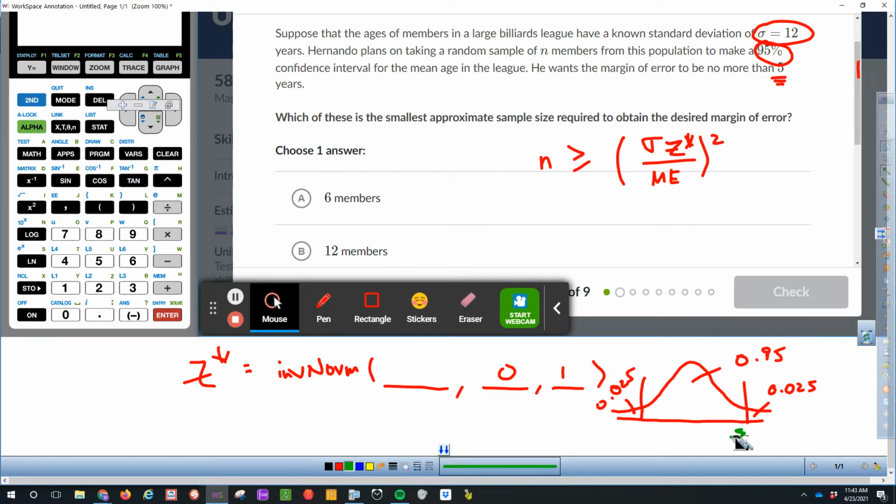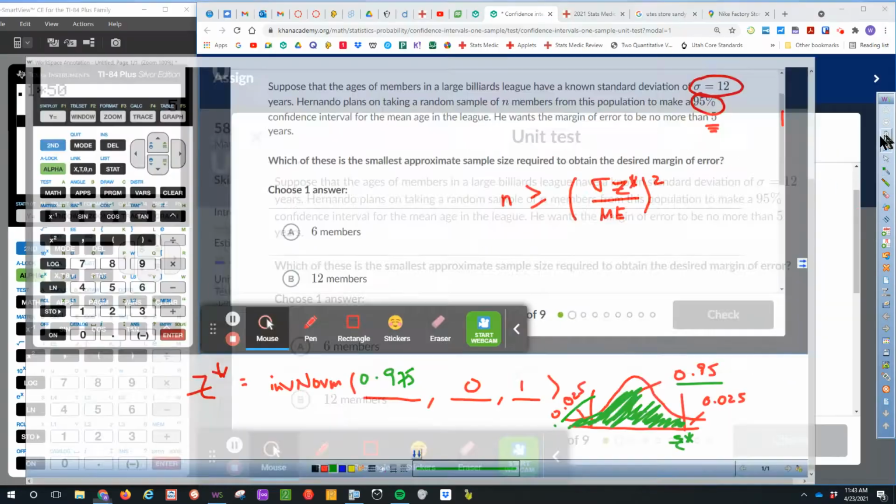So this is my z star. So the area to the left, to put in the calculator, is this number plus this number, so it's 0.975. Okay, so what would be the z star? So 0.975.